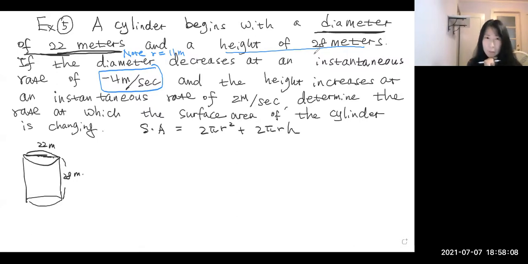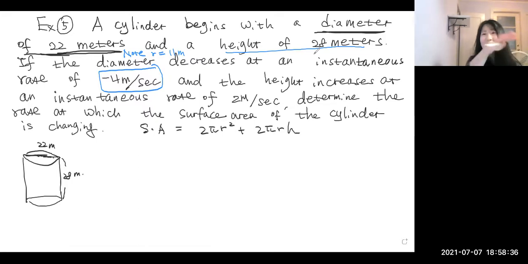So what is this? Negative 4 meters per second. Something is changing, so look at the unit.